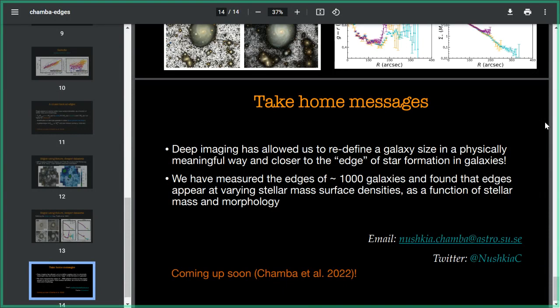In their color profiles, there is a significant drop into bluer colors in the outskirts. We interpreted that as a way of measuring their edge, in the sense that there could have been more recent infalling bluer material into the galaxy, and then you have most of the bulk or past star formation in the core part of the galaxy. So the measurement doesn't depend on whether the star formation is happening now or in the past, if that makes sense.